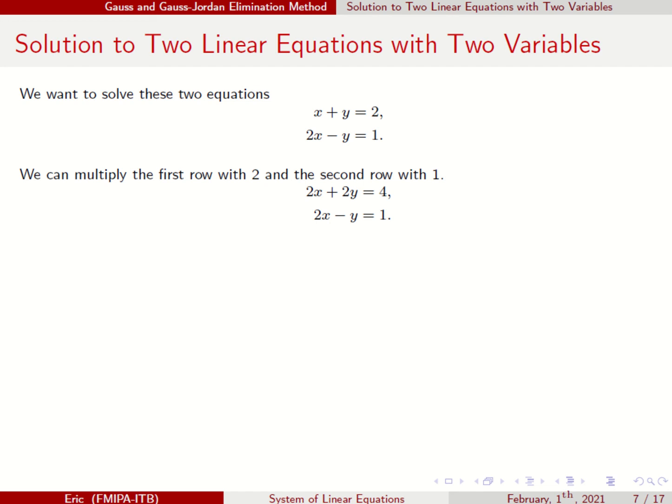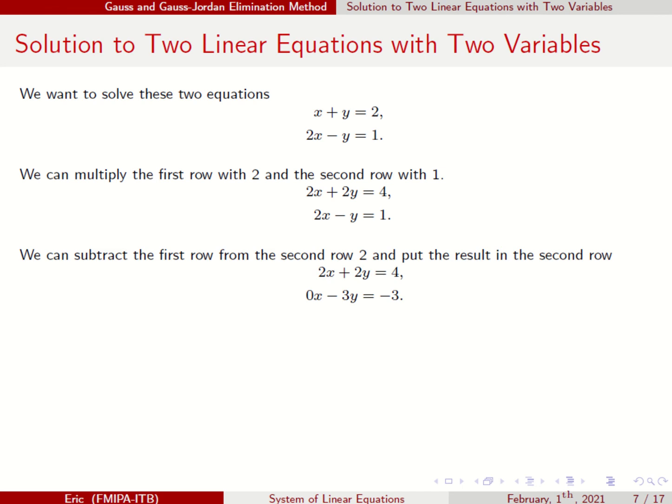I can multiply the first row with 2 and the second row with 1. This is what you usually do when you use the elimination method. Then we subtract the first row from the second row and put the result in the second row.